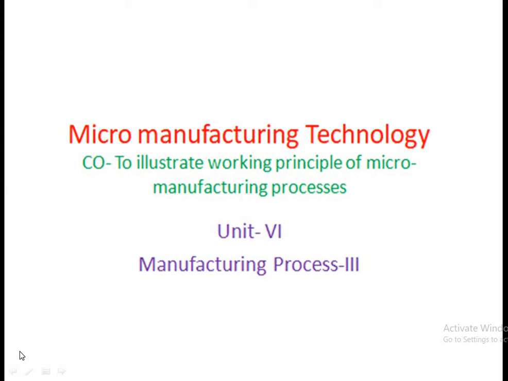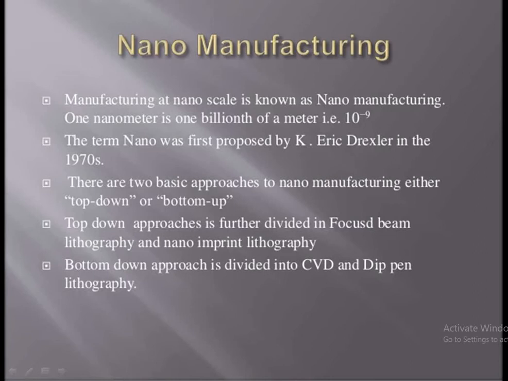So the course objective, as I told in the first lecture also, is to illustrate the working principle of micro manufacturing processes. In this concern, today we will see the next part of this lecture, that is nano manufacturing.